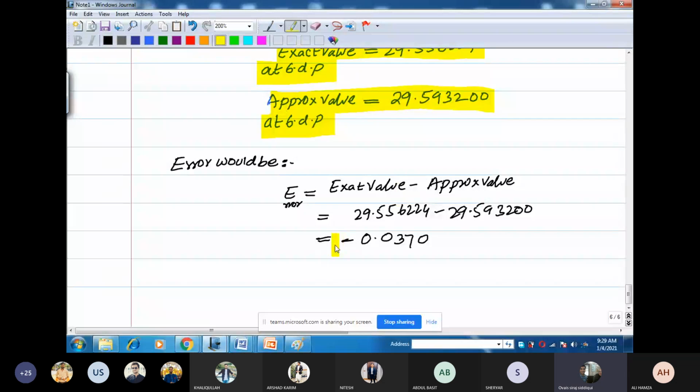This would be the error at step size h equal to 0.1. If we take the absolute error, it would be positive.